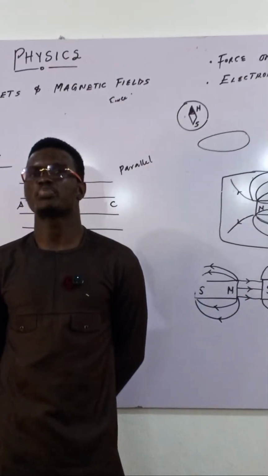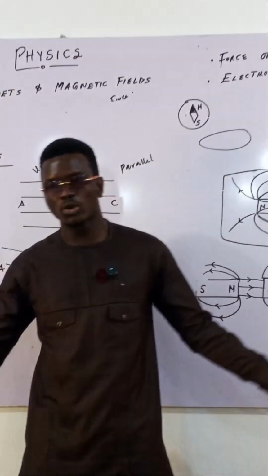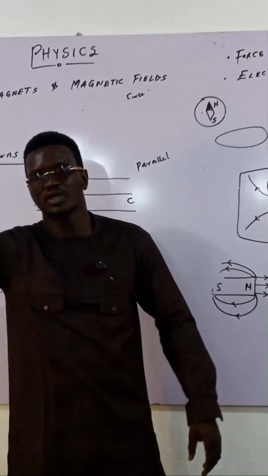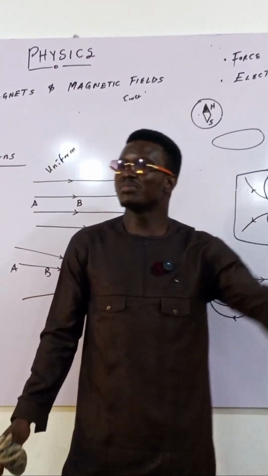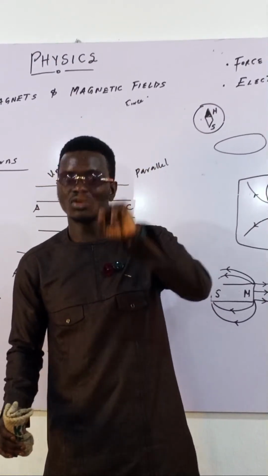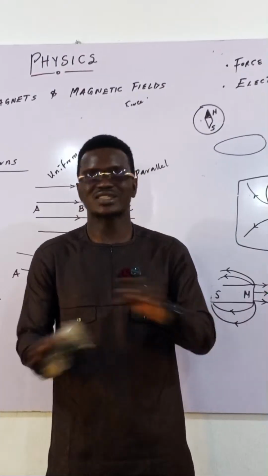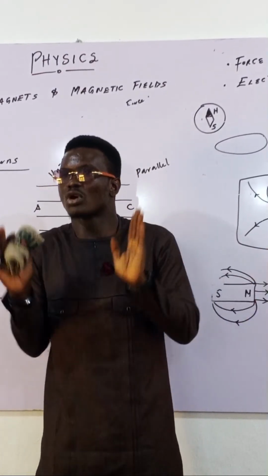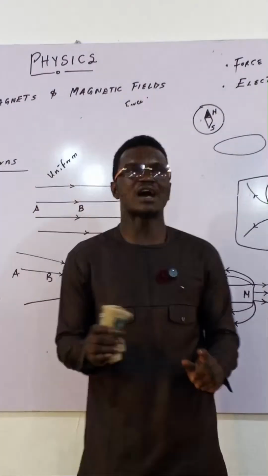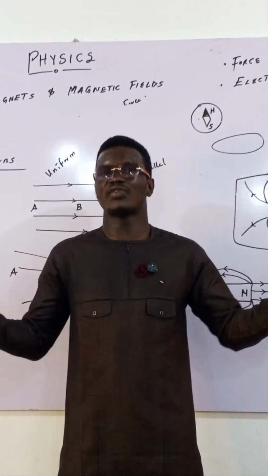There's nothing like a monopole in magnets. In electricity, you can have positive, you can have negative. But in magnets, the smallest magnet still contains north and south. You can't separate them. And that is what we mean by the word dipole. That means your magnet will always have north and south, irrespective of how small it is.